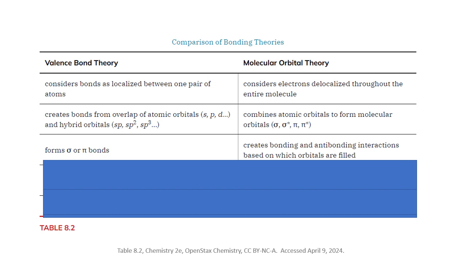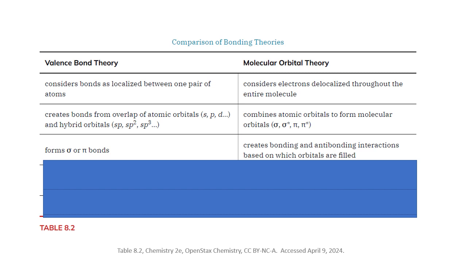Here we go. Sigma bonds are an orbital overlap on the bonding axis, or internuclear axis, which is what we're going to call it from now on. Pi bonds overlap around the internuclear axis. Molecular orbital theory describes delocalized orbitals, so instead they call them bonding and antibonding, and they give them different shapes depending on what type of orbital it is.